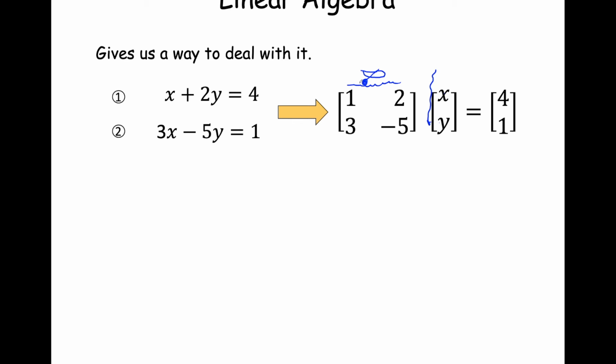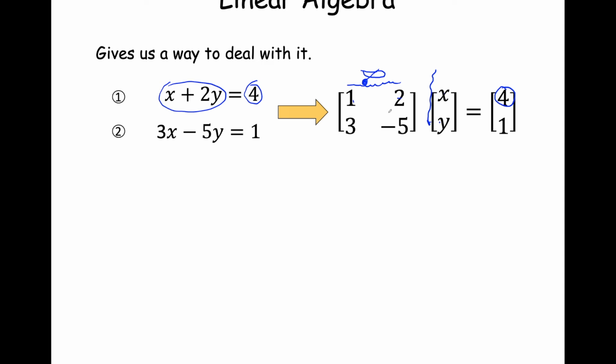When you're doing multiplication, you take the first row of our matrix and go down this vector, a so-called column vector, for our unknowns x and y, and you get 1 times x plus 2 times y. That's exactly the left-hand side of this first equation. And then that first position in the column vector after the equal sign is exactly this 4 here, which is the right-hand side of equality.